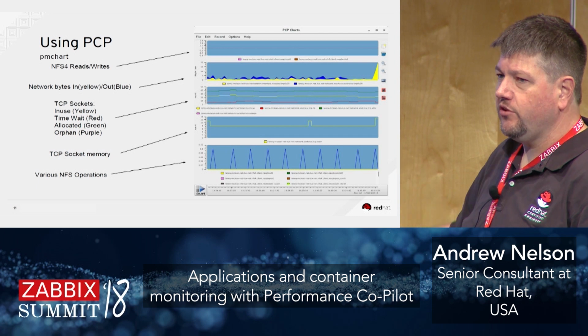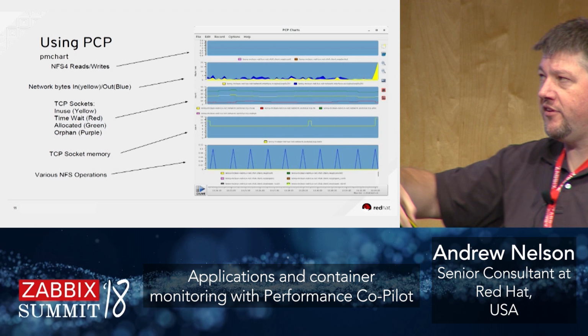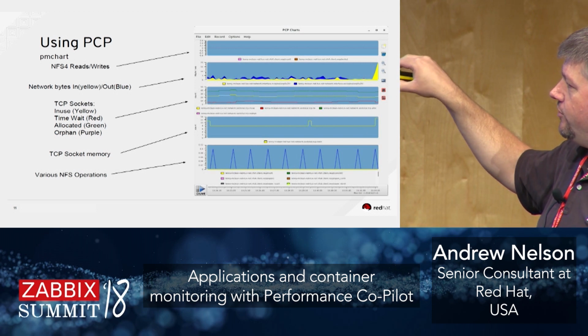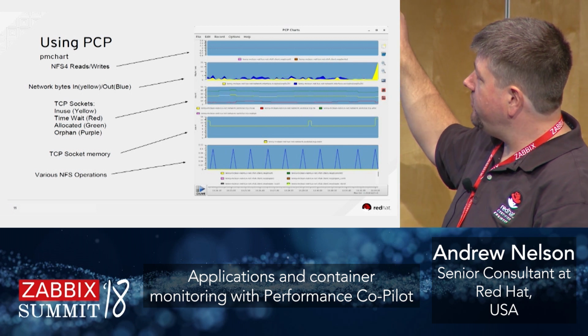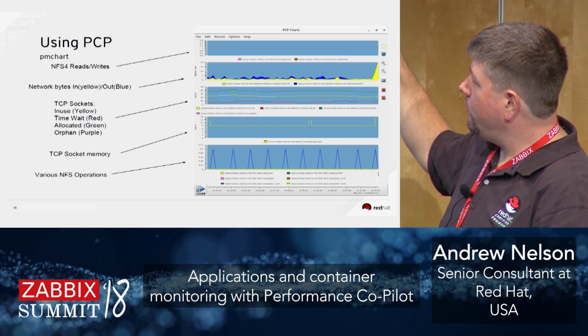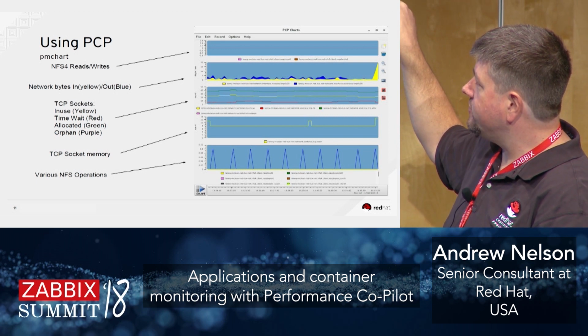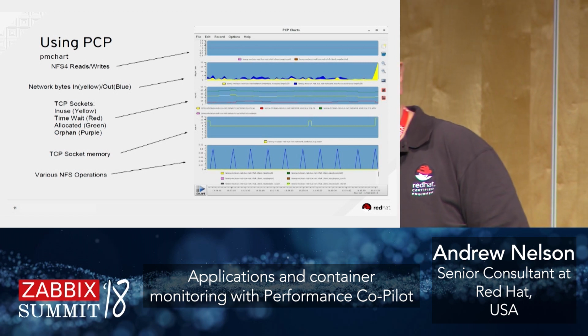TCP sockets, we can also look at how our TCP sockets are doing in relation to everything else because everything's on one timeline. Let's also look at TCP socket memory, what our total is there. So we can kind of see that, as things happen, the time wait starts to come up as some of our sockets start to close and so forth. So it's kind of to be expected.